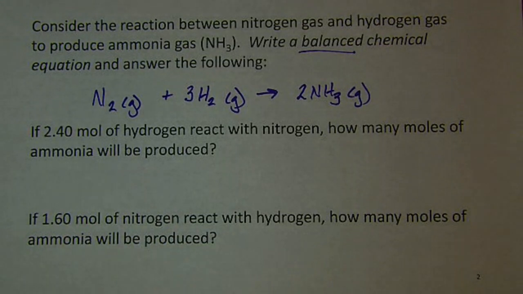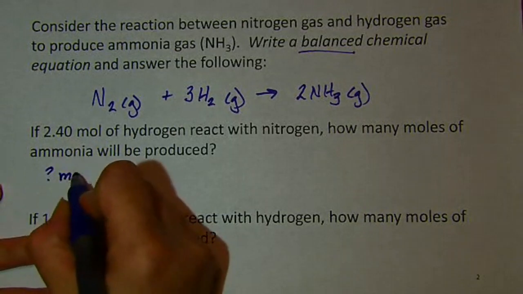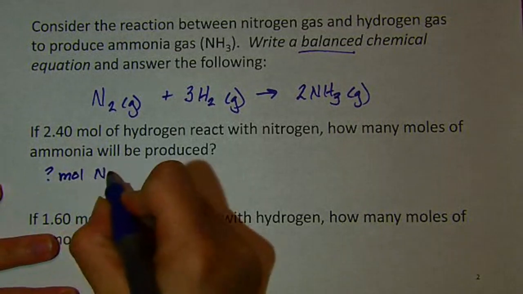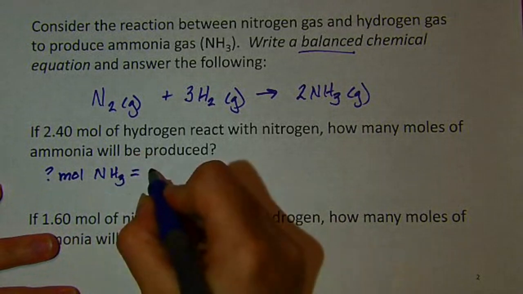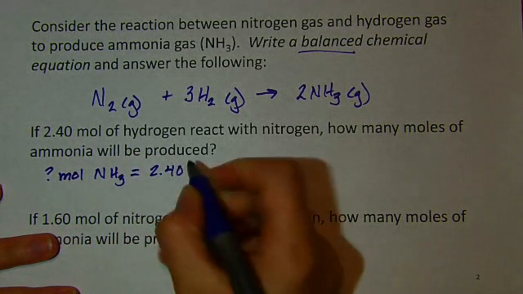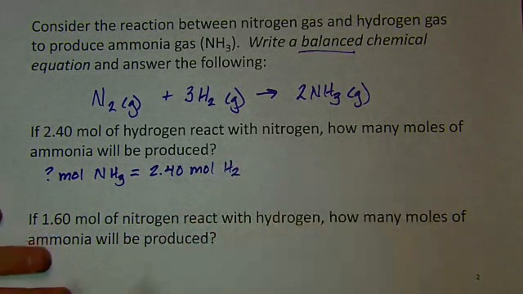So the first problem is asking if 2.40 moles of hydrogen react with nitrogen, how many moles of ammonia will be produced? So I want to know how many moles of ammonia I can produce from 2.40 moles of hydrogen.